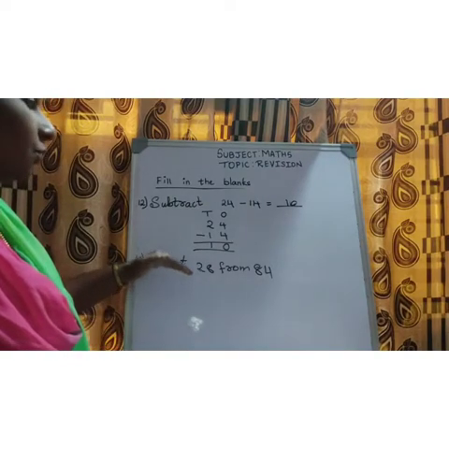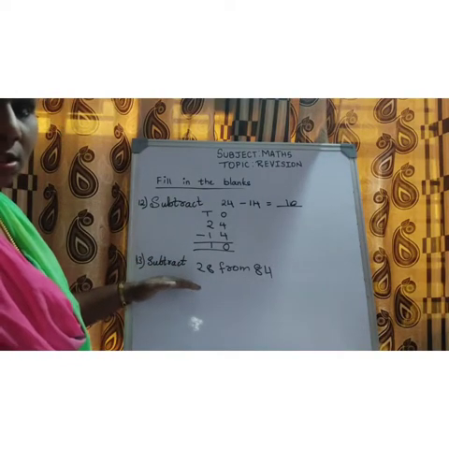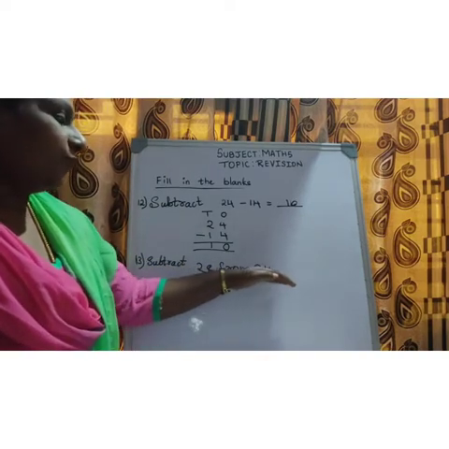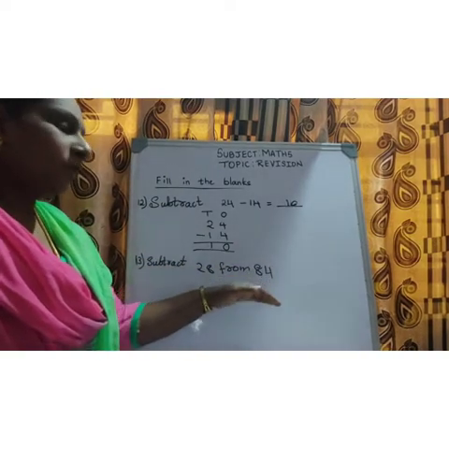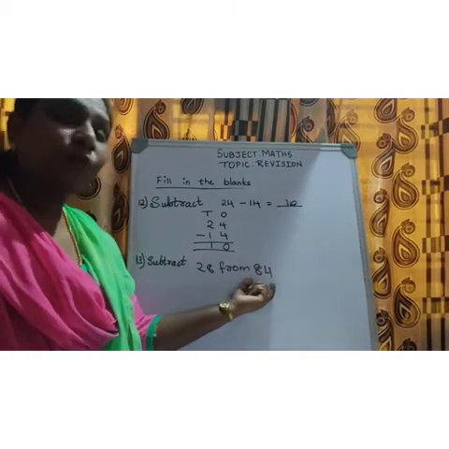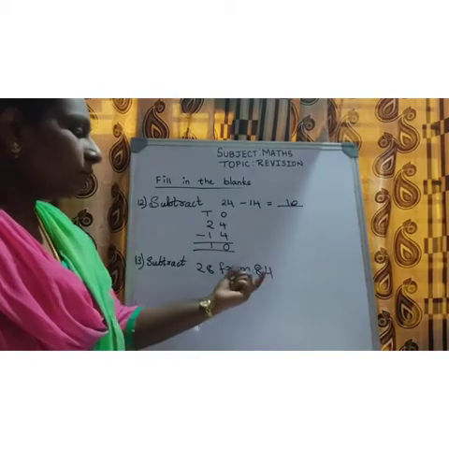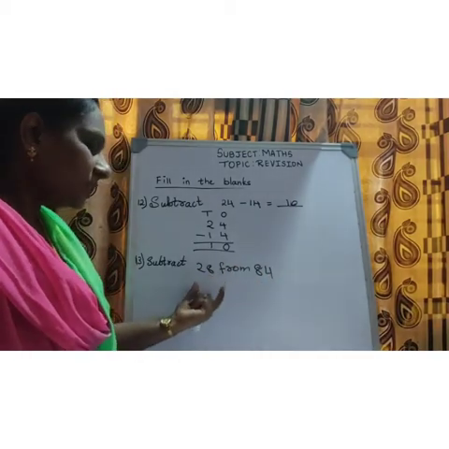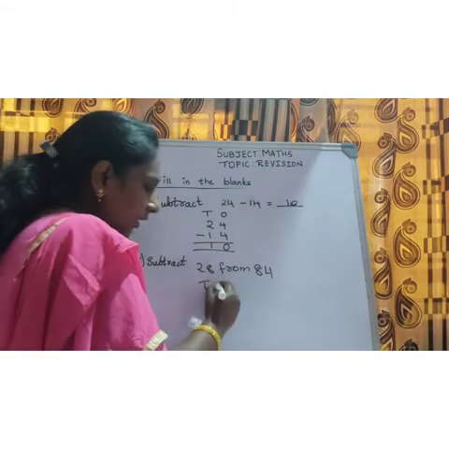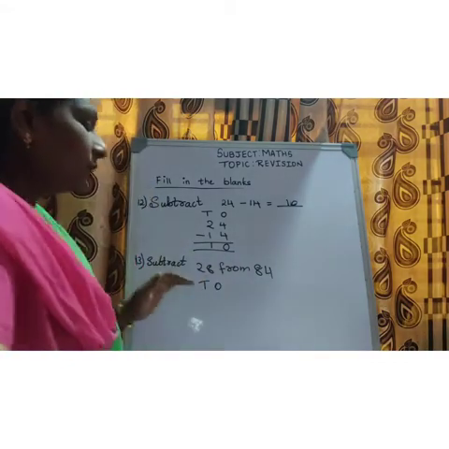So as I told you, it is given in words. See here. Subtract 28 from 84. As I told you before, now what we have to do, children? First we have to arrange the numbers. The from number should always come first. So write the place value, children: tens, ones, and from.